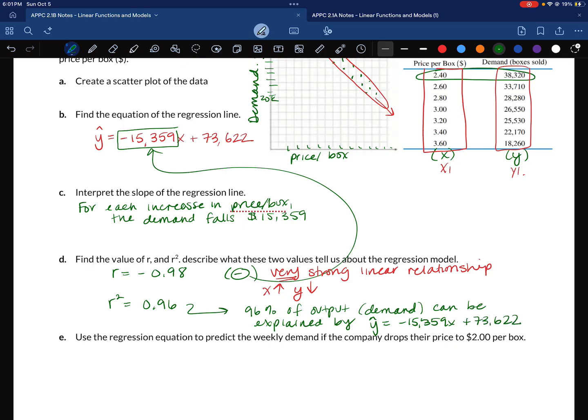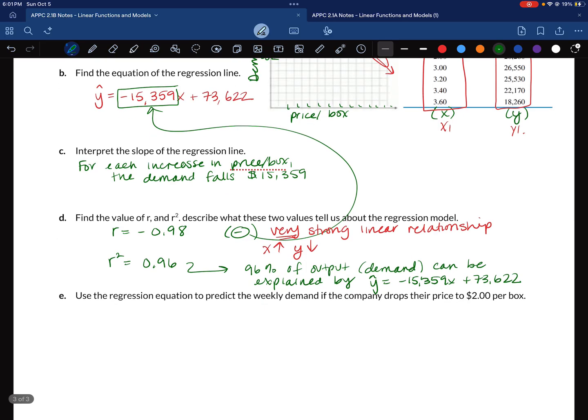Okay. So the last thing that we want to do is since this is a really, really good linear model, right? It's very close to 1 or negative 1, which means it's very strongly linearly correlated, and our r squared value is very close to 100%. We should be able to use our y equation to make predictions. It says predict the weekly demand if the company drops their prices to $2 per box.